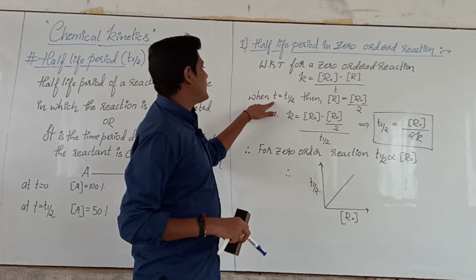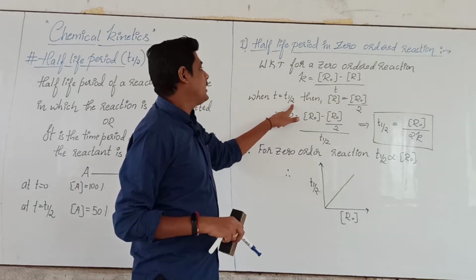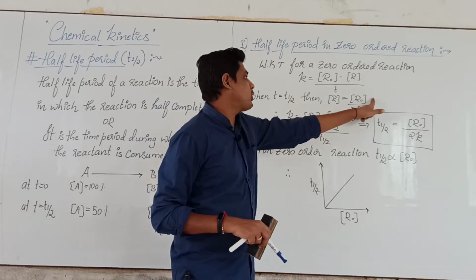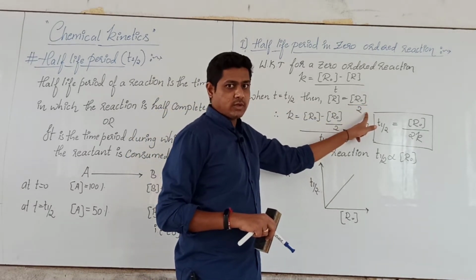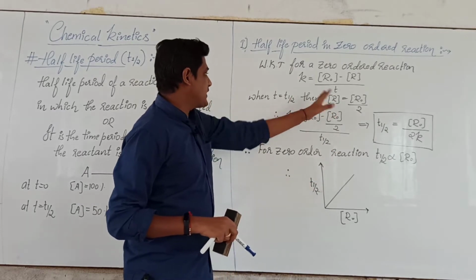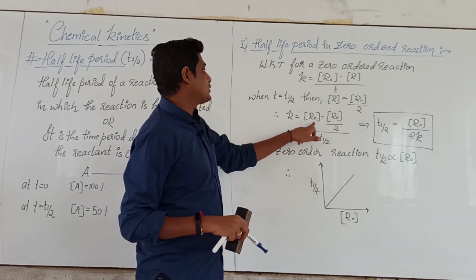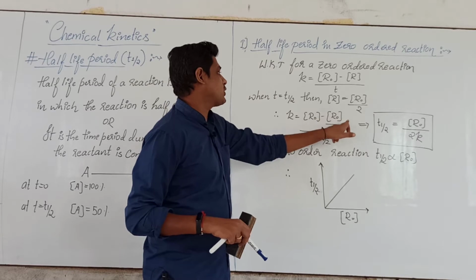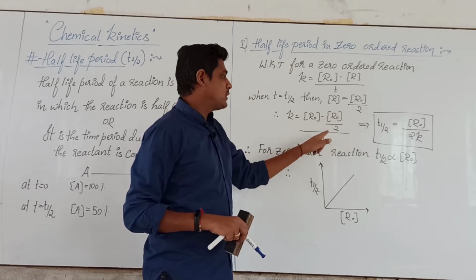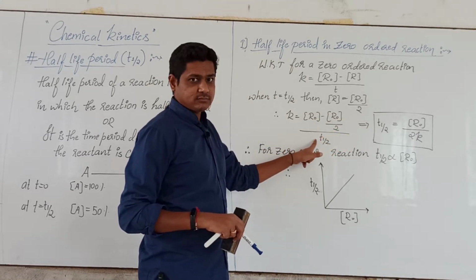When t is equal to t half, then R is equal to R naught by 2. Substituting these values, k is equal to R naught minus R naught by 2.